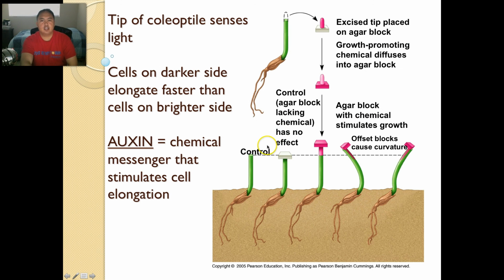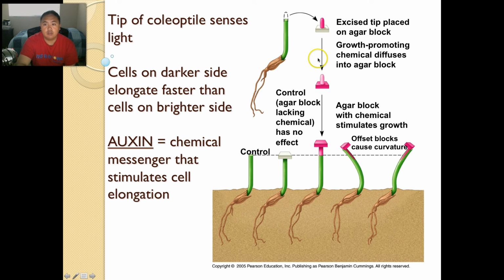So here we're going to talk a little bit about how the plant grows. The tip of the coleoptile is the one that senses the light. So at the end of it, you can see here, these little pink and white things, cells on the darkened side elongate faster than cells on the bright side.